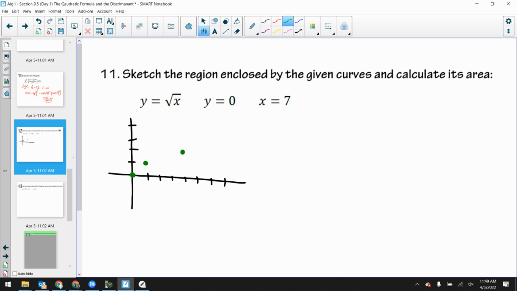So it's kind of like just a little bit below 3 out here. So what am I really finding here? Well, I'm finding that area.